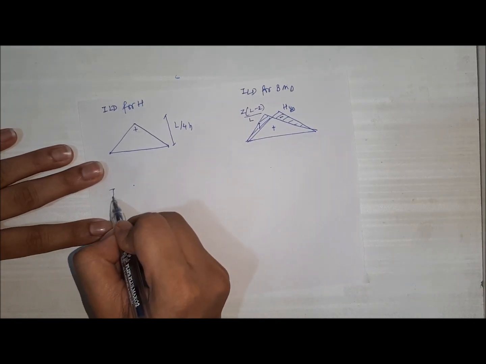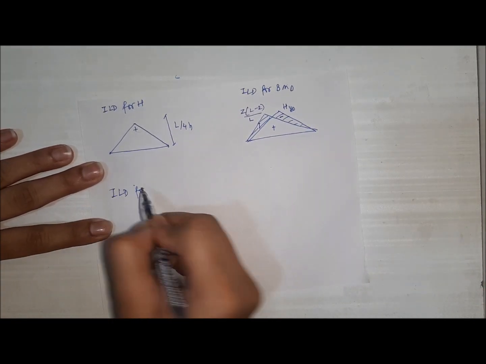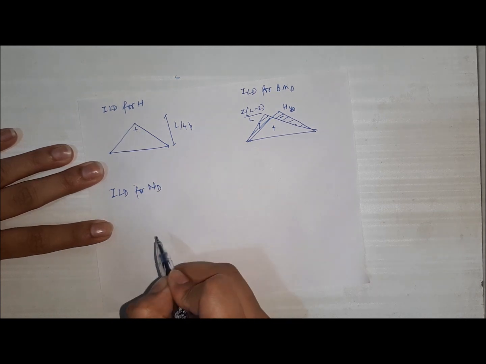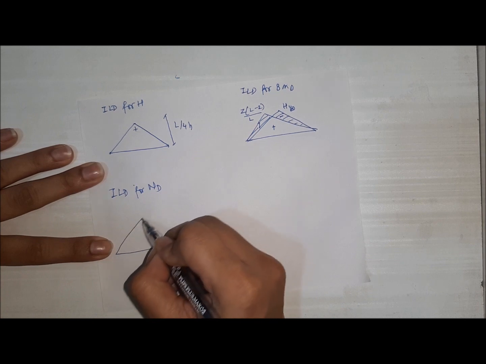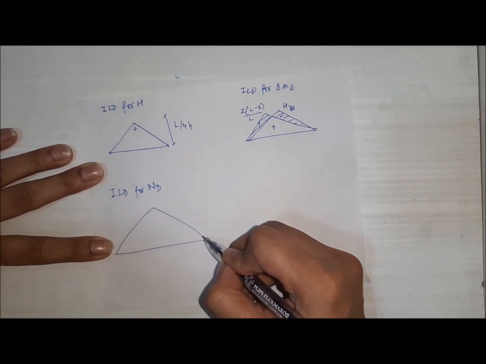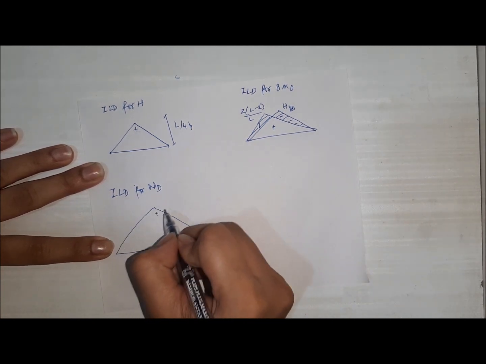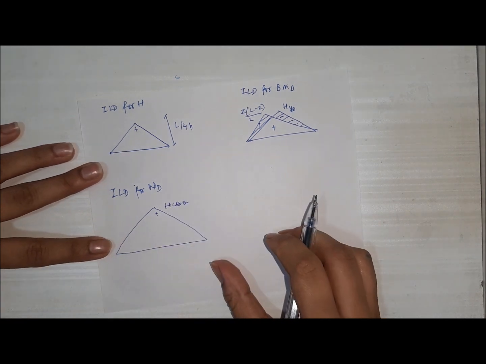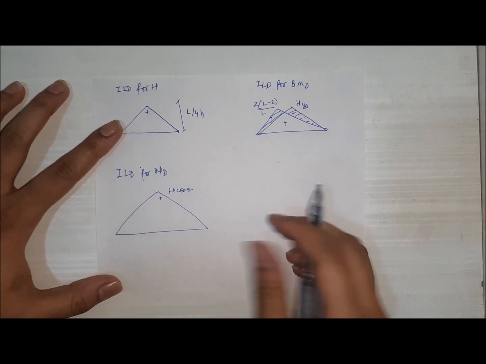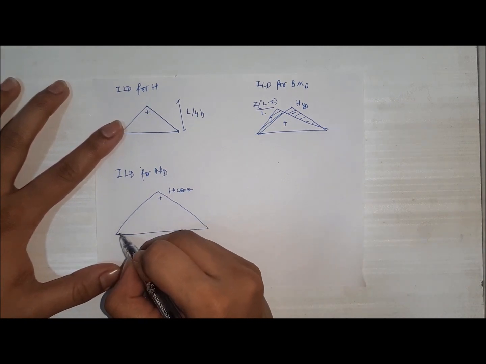Now, the final figure for the ILD for normal thrust at point D. This was the portion which was positive for H cos theta, right? And we will draw it for the V sin theta portion.